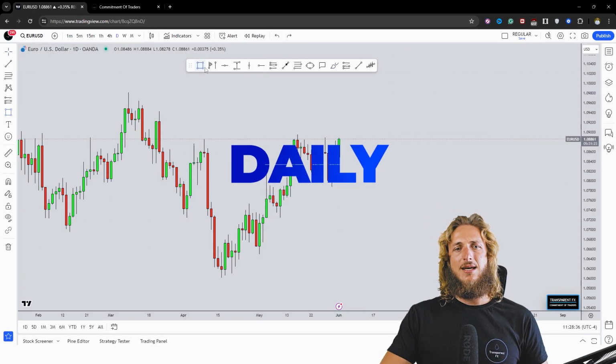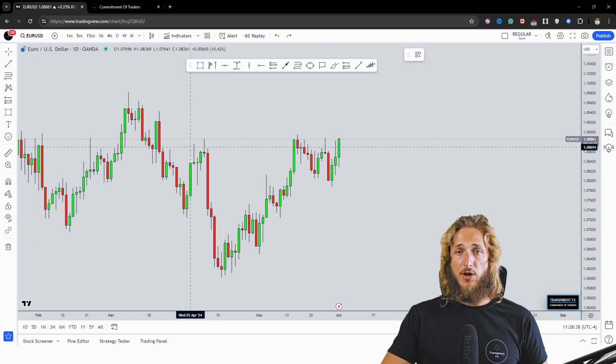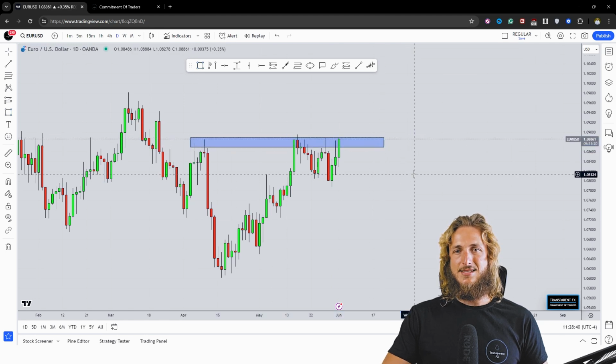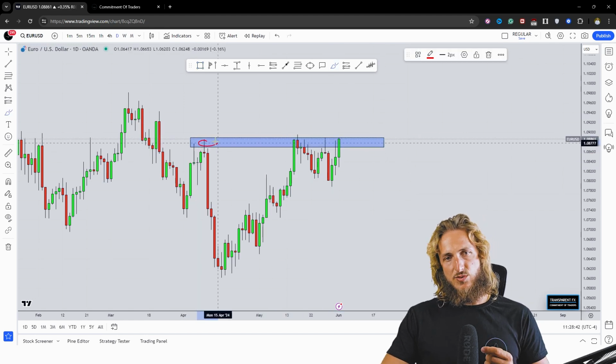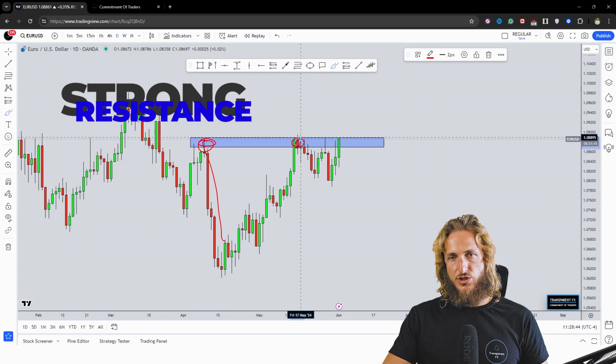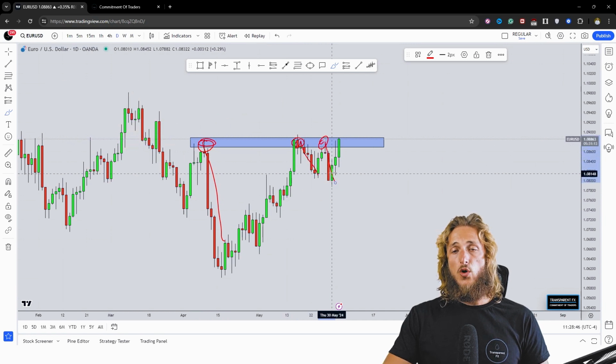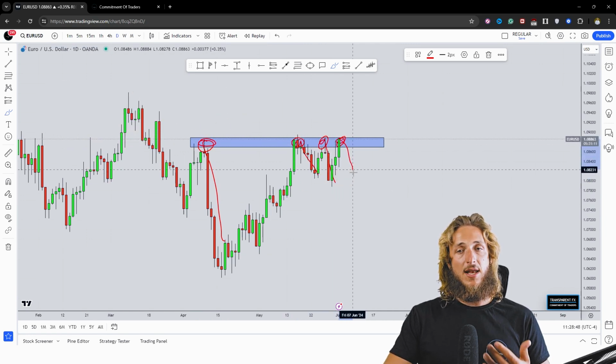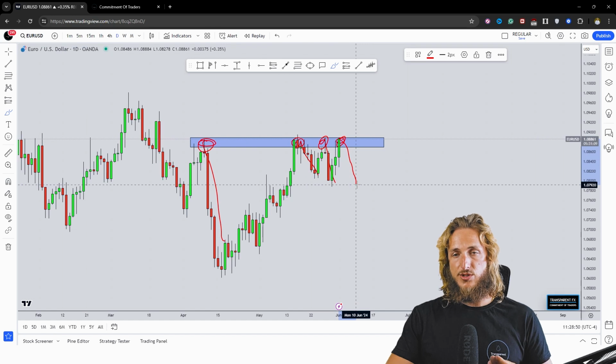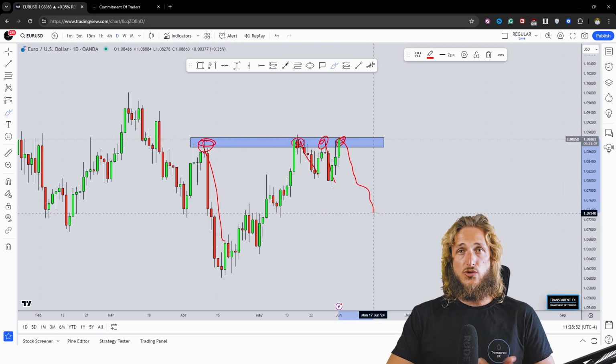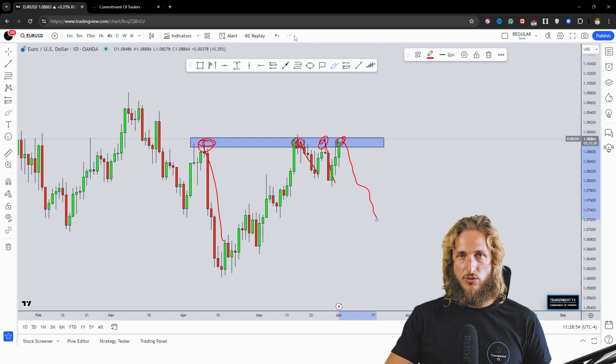Well, here on the daily, the important level that the market is currently facing is this structured zone here. This was previous resistance from which all these rejections to the downside were created, which, as long as the market remains below it from a daily closing perspective, is still resistance, so it can still easily be rejected to the downside.